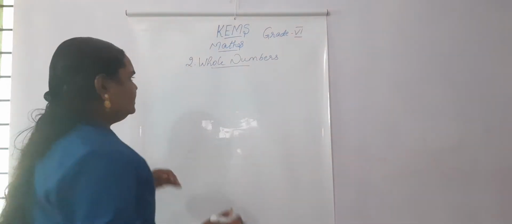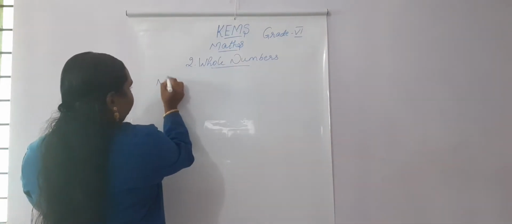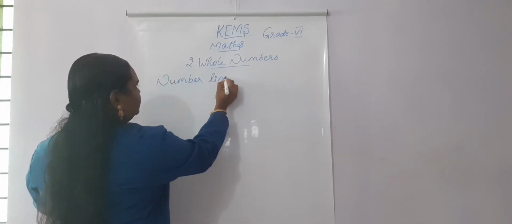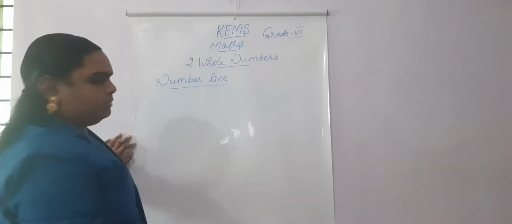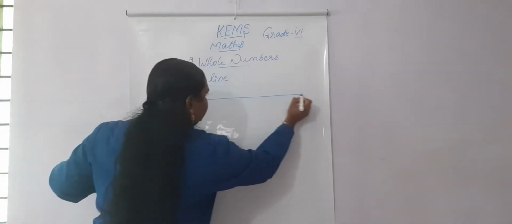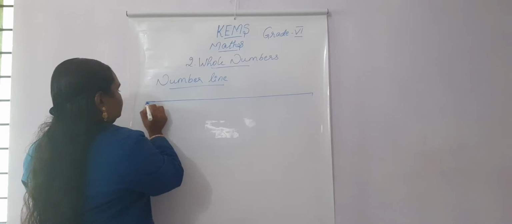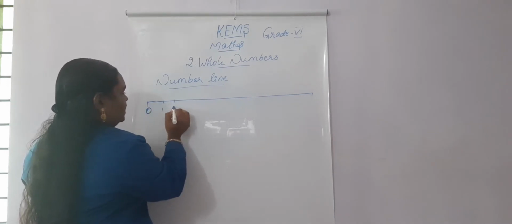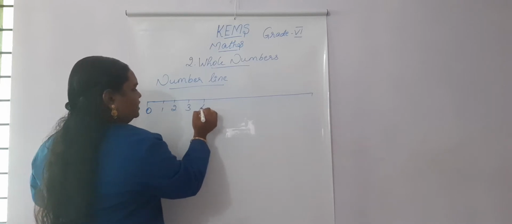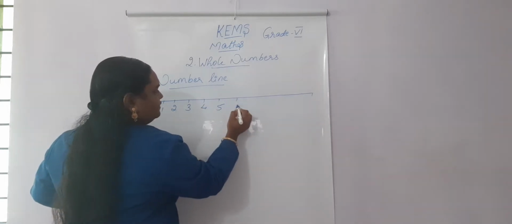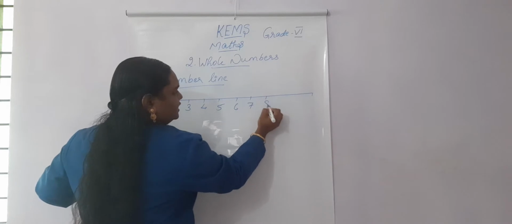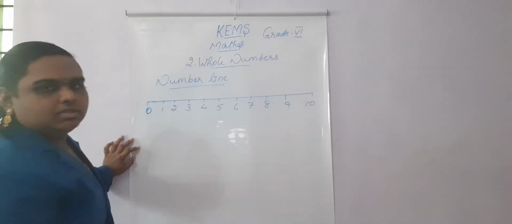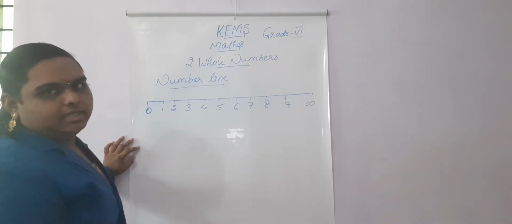Next one I am taking is number lines. What is a number line? I am drawing a line. Then I start writing the numbers 0, 1, 2, 3, 4, 5, 6, 7, 8, 9 and then 10. This is the number line.